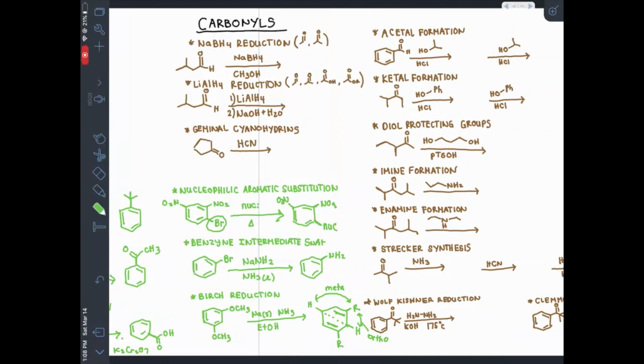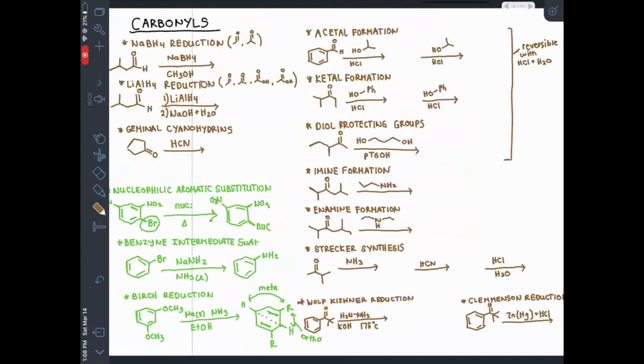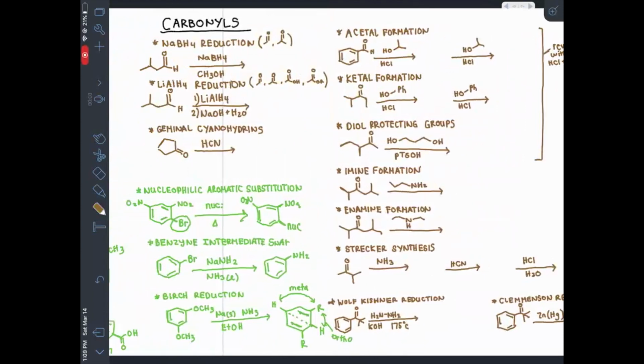All right. Now, we have the biggest section, but this is the last section we have, which is carbonyls. So with carbonyls, first we have sodium borohydride reduction, okay? And so in this case, we can reduce, so add hydrogens to a carbonyl, and in this case, aldehydes or ketones.